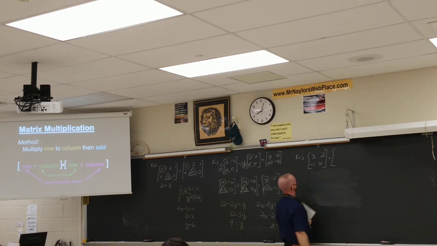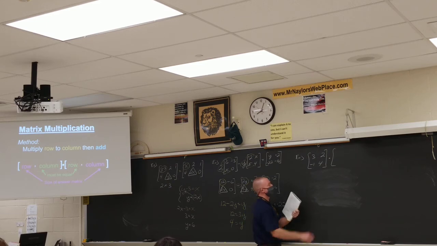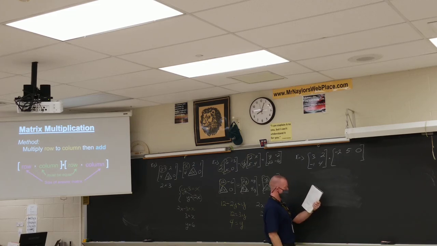All right, here's two matrices. The first one's a 2 by 2. It's got a 3, 2, -1, and 4. And the second matrix is a little bit bigger. It's actually a 2 by 3.